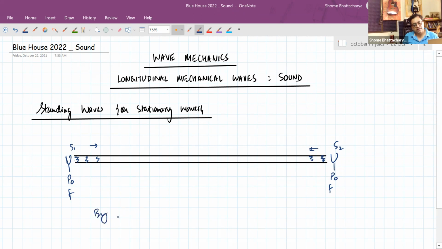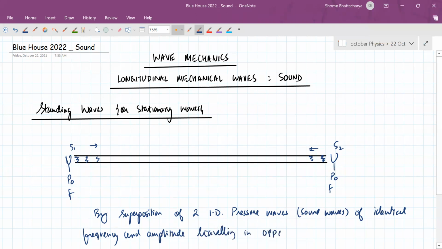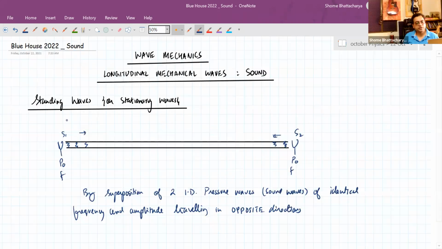Their superposition will result in standing waves. So the pattern of pressure variation in time is what we'll get.